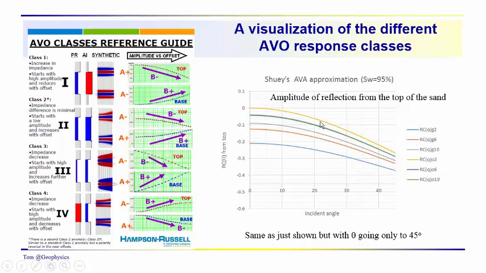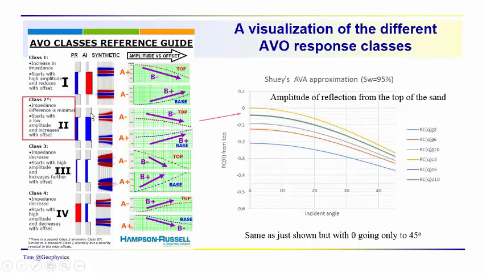These are all going to get summed together, and instead of seeing a reflection that we might have predicted would be zero, we're going to see a reflection event that has some intermediate negative amplitude. Likewise, for these other events, the amplitude variation with offset, when we go through the stacking process, is going to give us a reflection coefficient which is a little bit more negative than we would predict based on the zero offset alone.